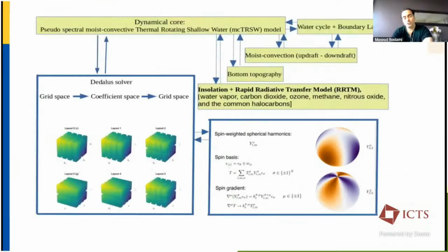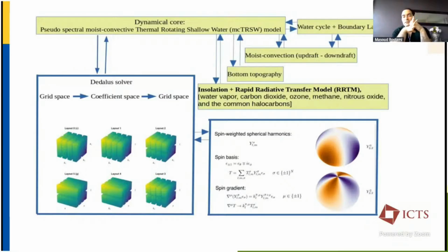This scheme shows how we can switch to intermediate complexity, or hierarchy levels of complexity. One problem for scientists is that they use either a very idealized case or a complex system which is like a black box, and if we want to know what's going on between them, we need a hierarchy of complexity. We can start from a very idealized case and make the system step by step more complex by adding, for example, bottom topography, moist convection, and radiative transfer.